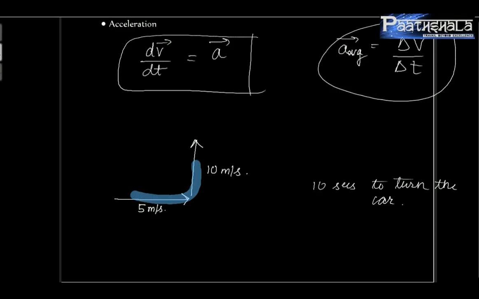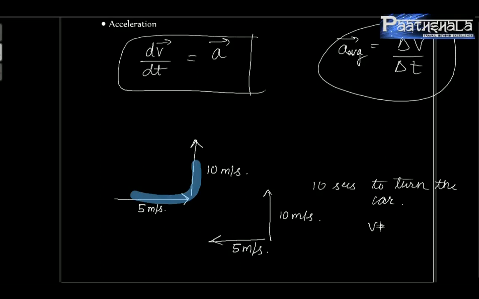So the solution of this problem goes something like this. Final velocity of the car was 10 meters per second in the north direction. Is it correct? Minus initial velocity, which is in the west direction, 5 meters per second, correct? So why am I doing final velocity and then minus initial velocity?